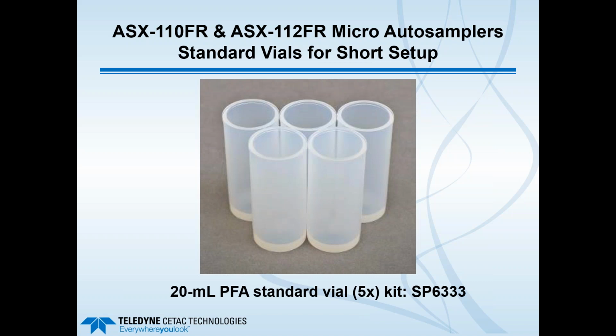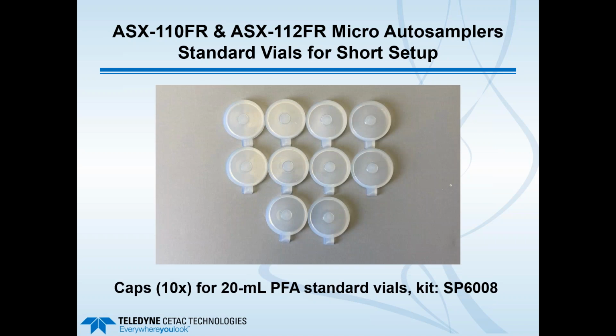So just some more information on the vials for both standards and samples that are available. The 20 ml PFA standard vials, of course, you would get one kit when you acquire an autosampler, but additional ones can be purchased through kits. That includes the 20 ml PFA vials.